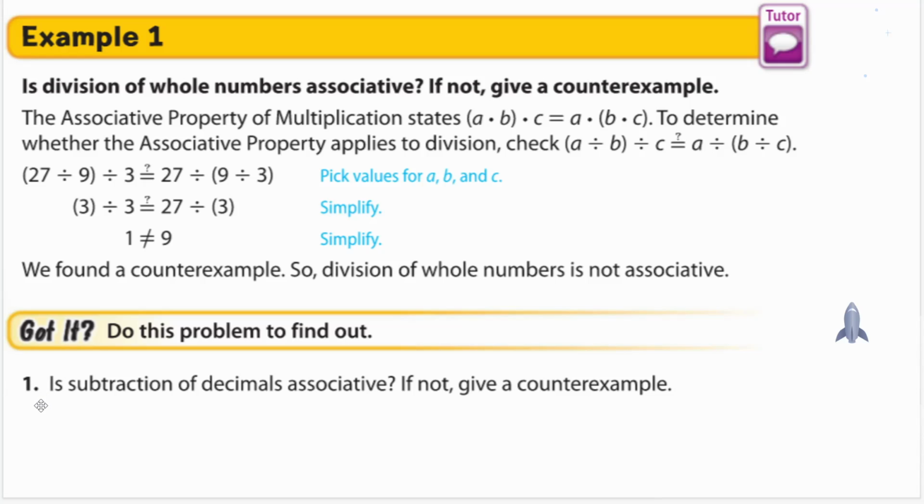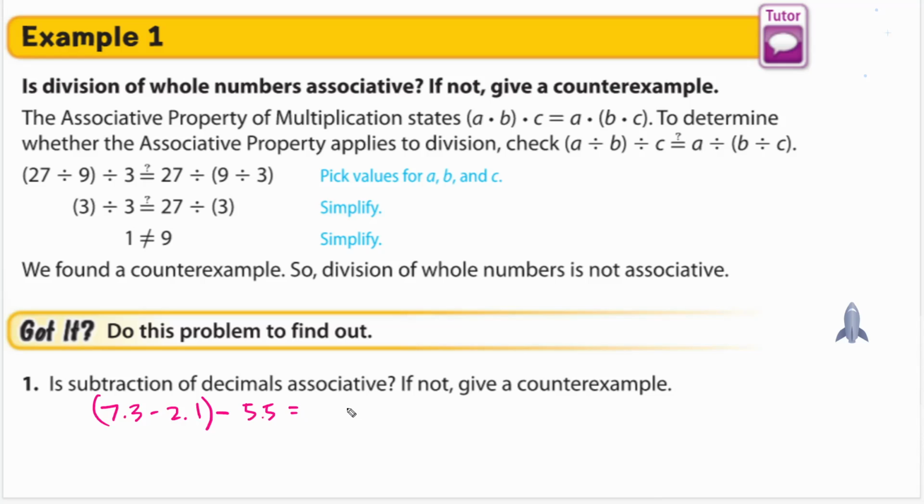So let's look at the got it problem then. Is subtraction of decimals associative? If not, give a counterexample. So let's take a look. Associative means that we can group them in any way we want, right? So 7.3 minus 2.1 minus 5.5.